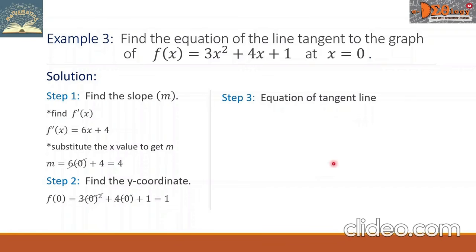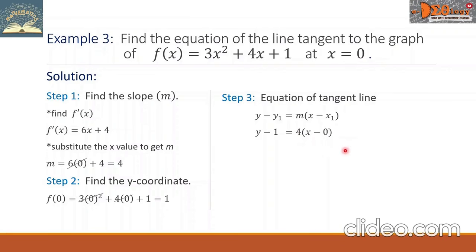Now step 3, we write now the equation of tangent line using our point-slope form. Y sub 1 here is the value of step 2, m is the value from step 1, x sub 1 is the value from the given. So we have now y minus 1 equals 4 times the quantity x minus 0.